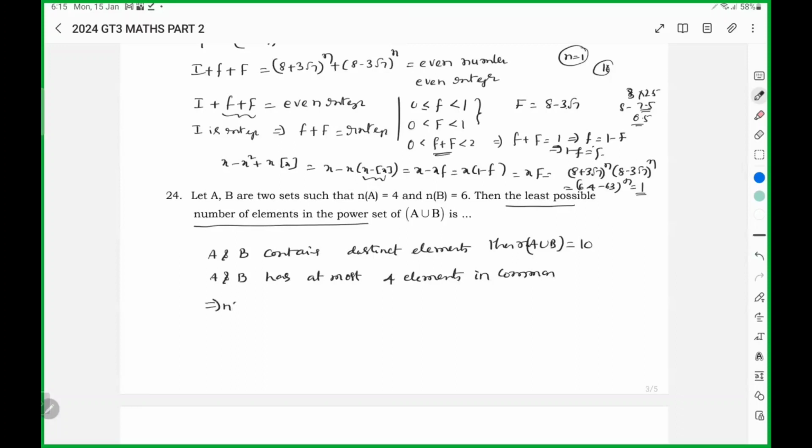So here n of A union B, 4 elements common means 6. If set A contains p elements, the number of elements in its power set will be 2 power p, which is equal to 2 power 6. 64 elements are possible.